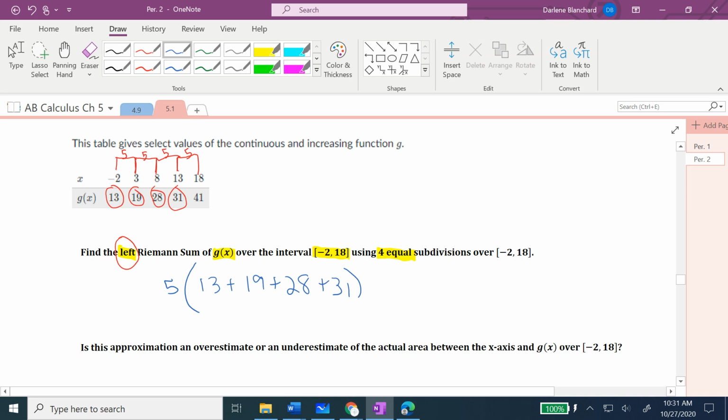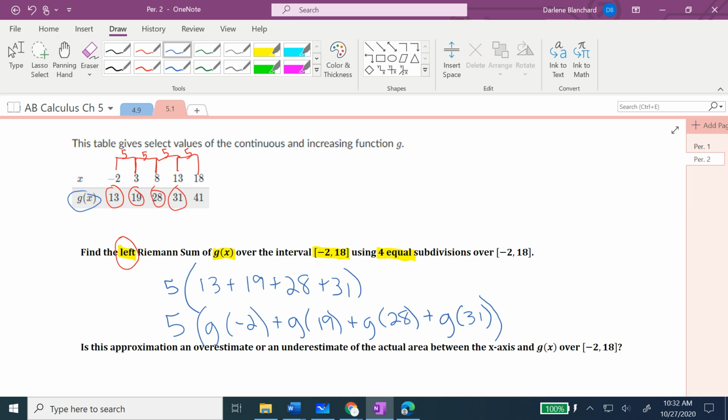I will say, if this is free response, it is best if before you write this down, or write it elsewhere, that you understand that 13 is coming from plugging into G the x coordinate -2. This, again, clarifies to the grader that you understand what you're doing, and didn't just randomly choose some numbers and cross your fingers.